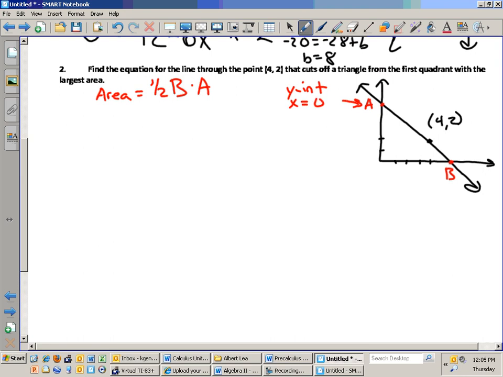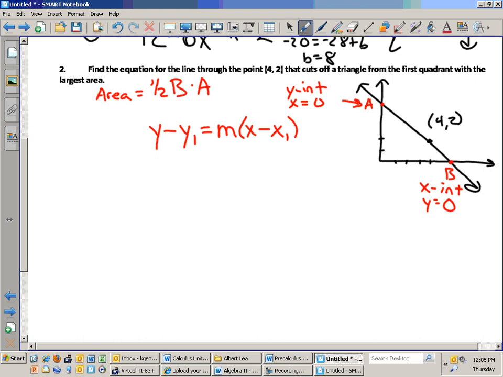B represents the x-intercept, where y is equal to 0. So I need an equation for the line. I'm going to turn to point slope form. y minus y sub 1 equals m times x minus x sub 1. And that's going to serve as the equation for my line.